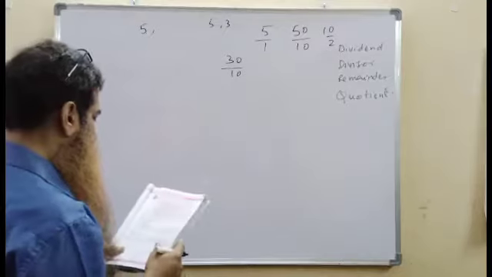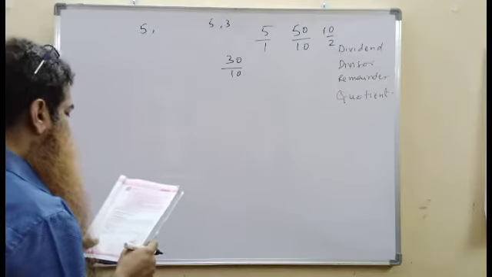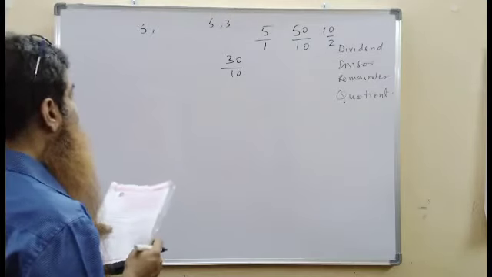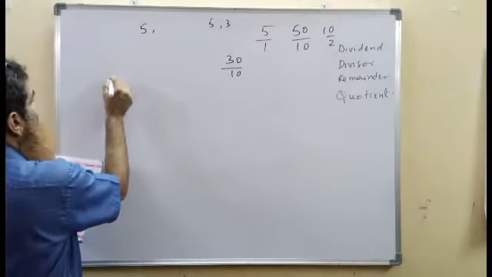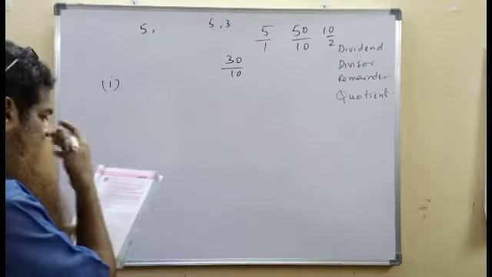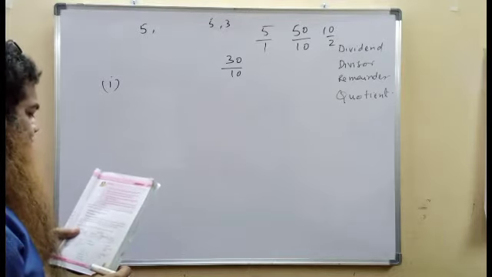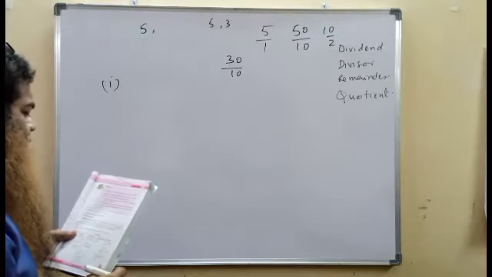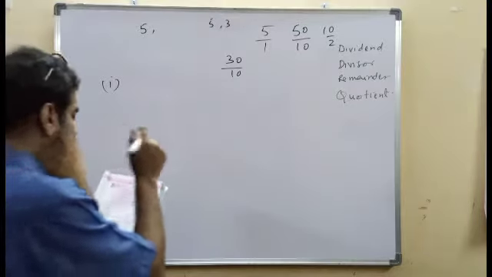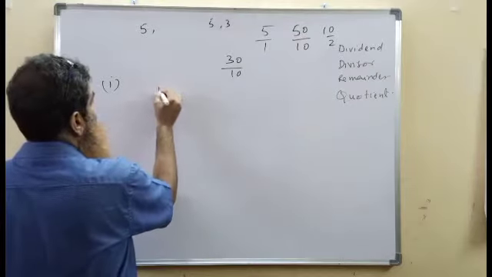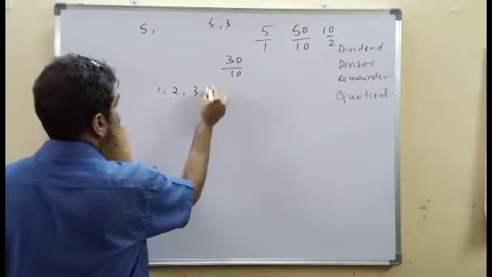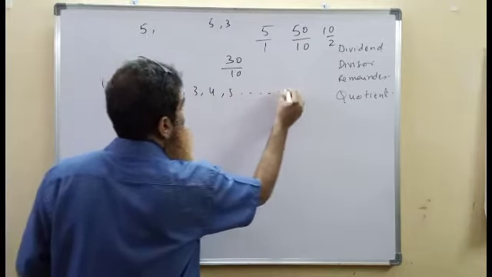Second question: give an example to satisfy the following statements. All natural numbers are whole numbers, but all whole numbers need not be natural numbers. As we know, the list of natural numbers is 1, 2, 3, 4, 5 and so on.